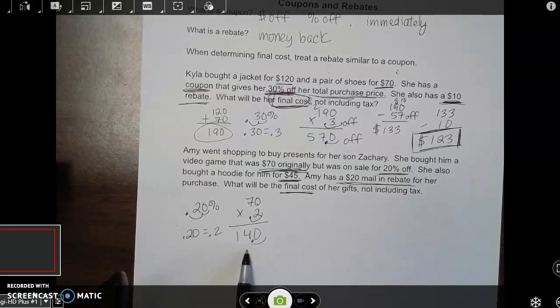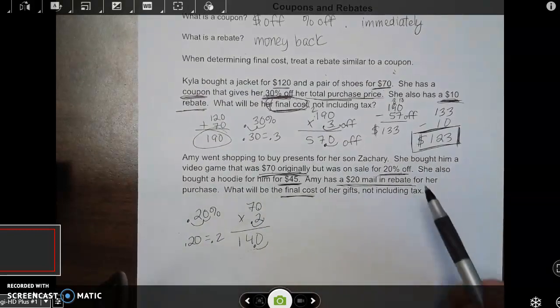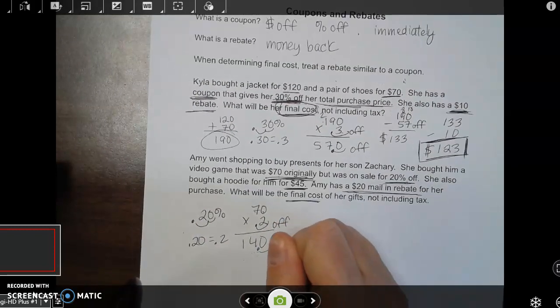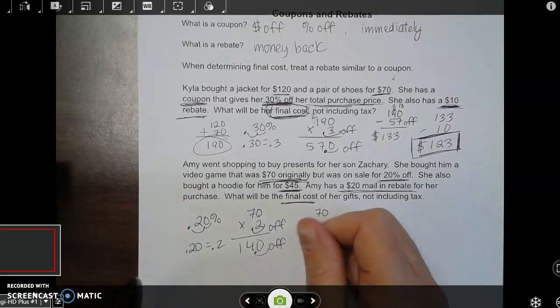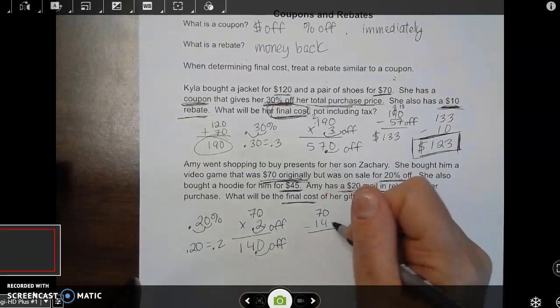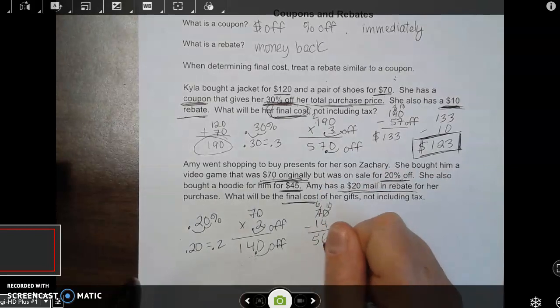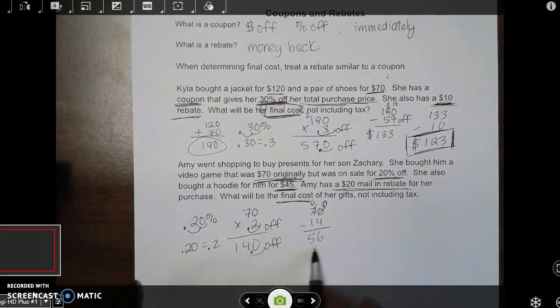Because this is not the sale price. This is the off. Off of the video game, right? So here's my video game at $70, but today I'm saving money. And how much is it going to be? $56. So Amy bought a video game that is on sale for $56.